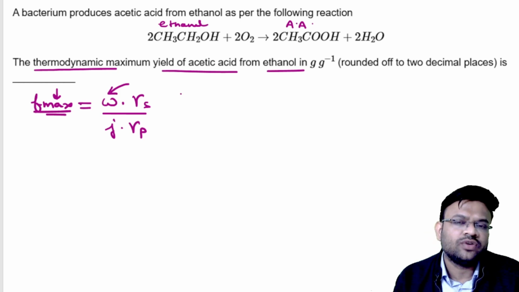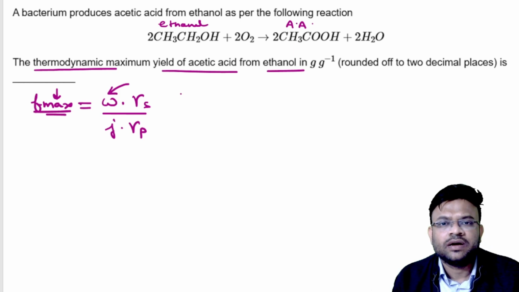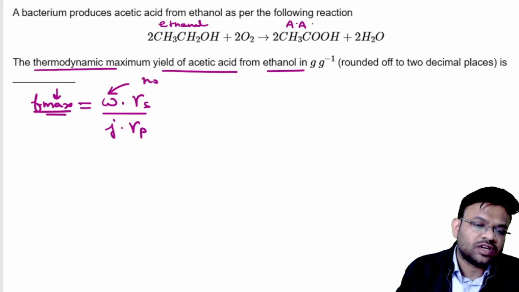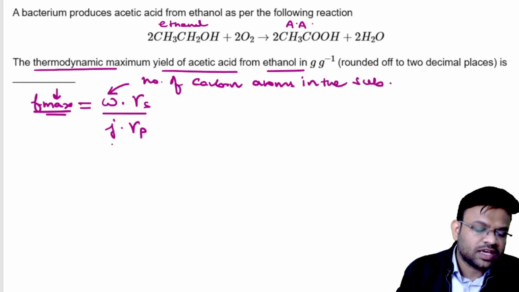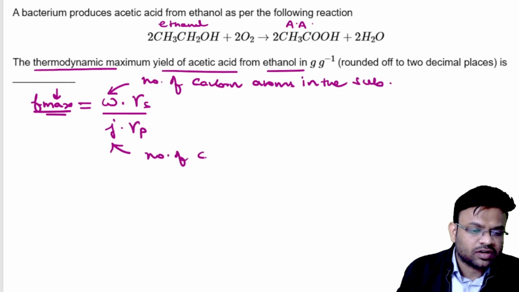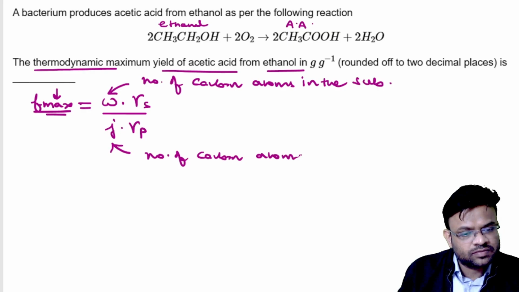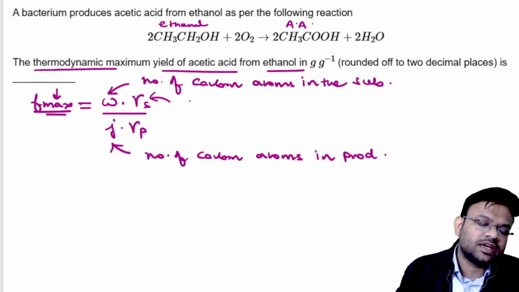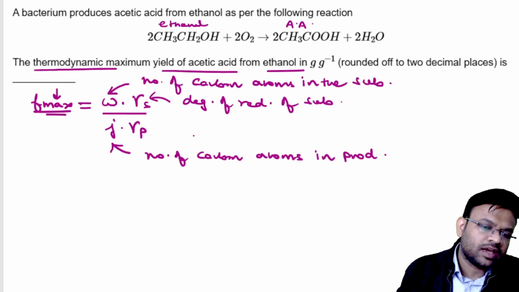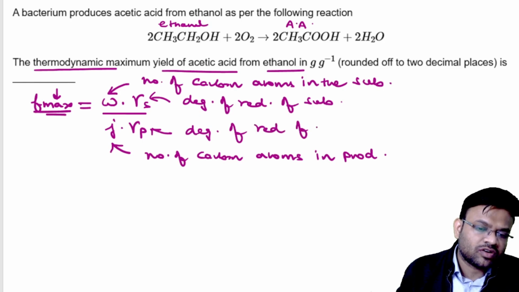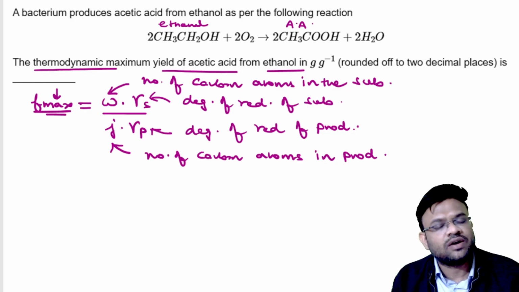It gives us the number of carbon atoms in the substrate, and J gives you the number of carbon atoms in the product. Gamma S gives you the degree of reduction of the substrate, and gamma P gives you the degree of reduction of the product. That means we have to find out a number of things.